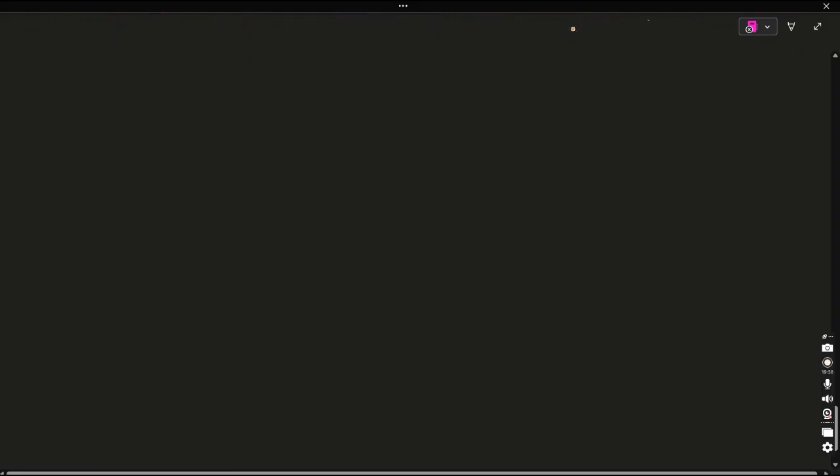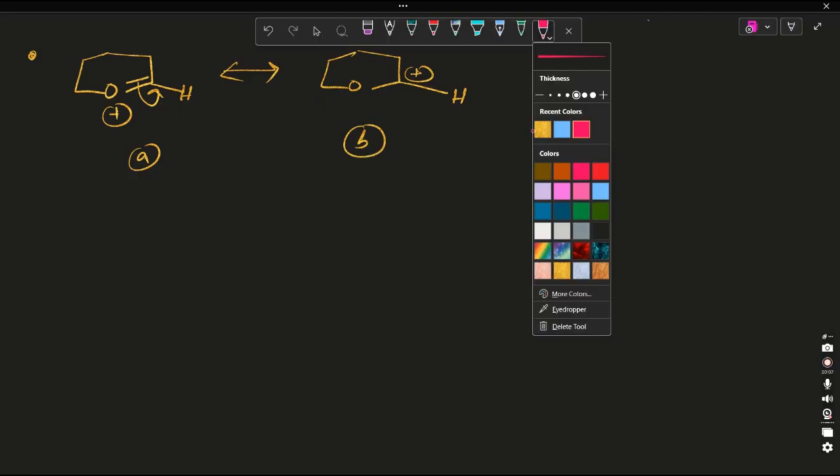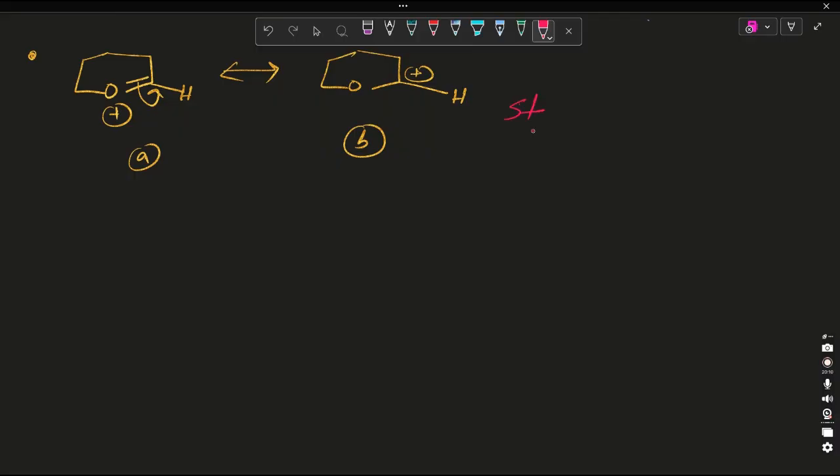Now another example, like this compound. If we draw the canonical structure of this compound, we get this. So now the stability order of A and B is A greater than B. Why is it A greater than B?